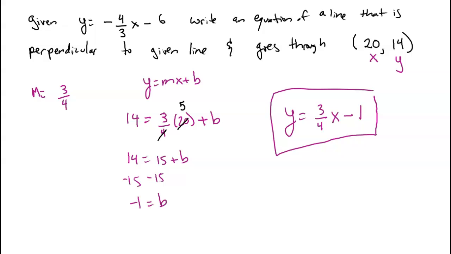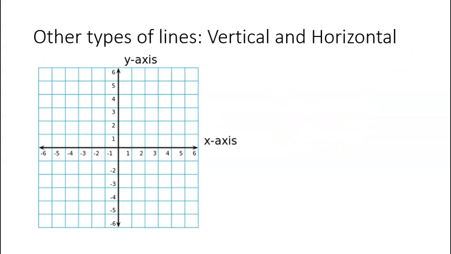Okay, so we dealt with parallel lines, we dealt with perpendicular lines. The other two lines that are kind of similar, and they are two types of perpendicular lines, are known as vertical and horizontal. So let's chat about those. So vertical lines, they just cross the x-axis, which means they will have an x-intercept only.